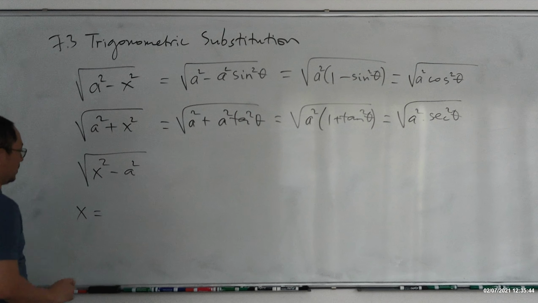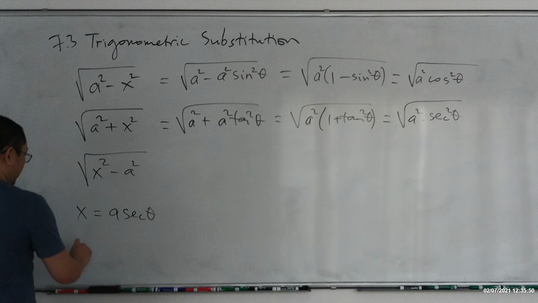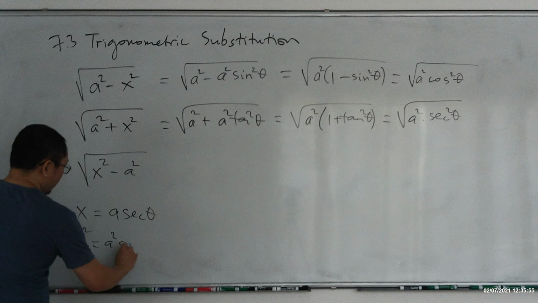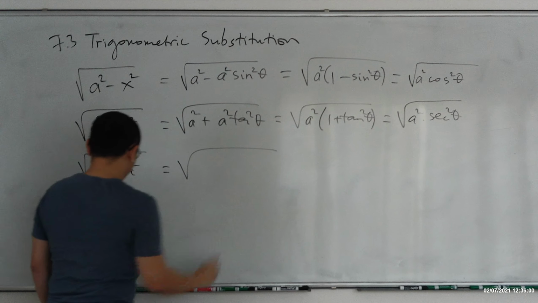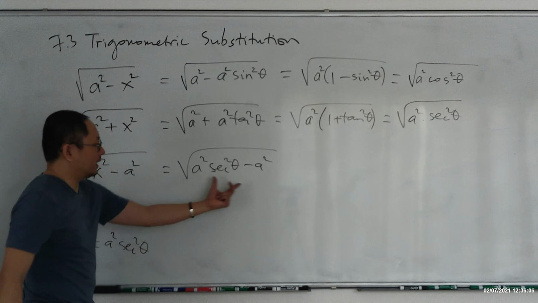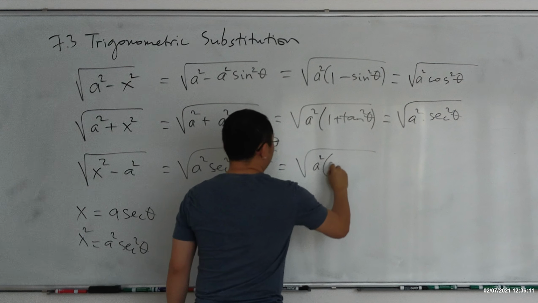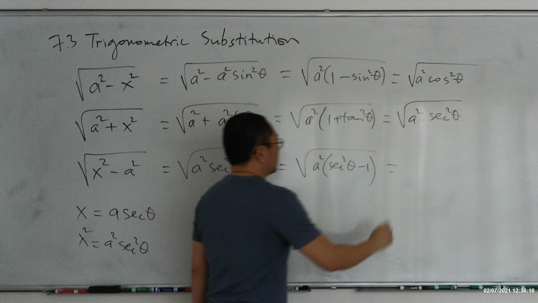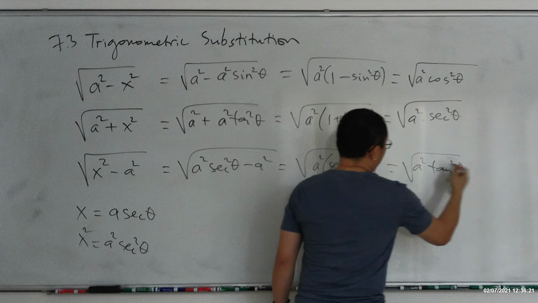Let x equal a secant theta. So x squared will be a squared secant squared theta. And this one is the square root of a squared secant squared theta minus a squared. You see that I have secant squared minus 1 come out. This is the square root of a squared times secant squared theta minus 1. And you know that secant squared minus 1 is tangent squared. So this is the square root of a squared tangent squared theta. And then you can solve the problem.